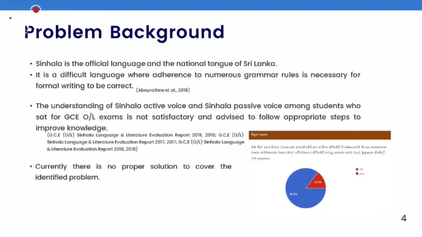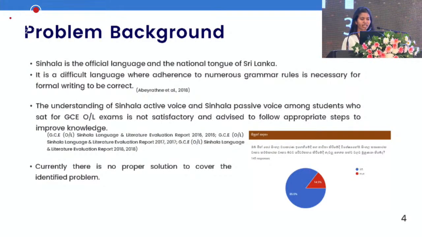Sinhala is the official language and the national tongue of Sri Lanka. It is a difficult language where adherence to numerous grammar rules is necessary for formal writing to be correct. According to the GCE O-Level Sinhala Language and Literature Evaluation Reports of 2016, 17 and 18, the understanding of Sinhala active voice and passive voice among students who sat for the GCE O-Level exams is not satisfactory, and it was advised to follow appropriate steps to improve their knowledge.